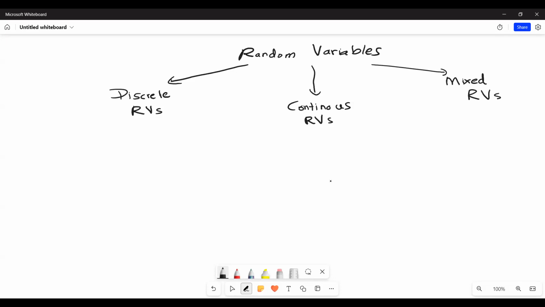Right. So let's talk about the discrete random variables. So what are discrete random variables? Discrete random variables means the random variables which have countable outcomes.